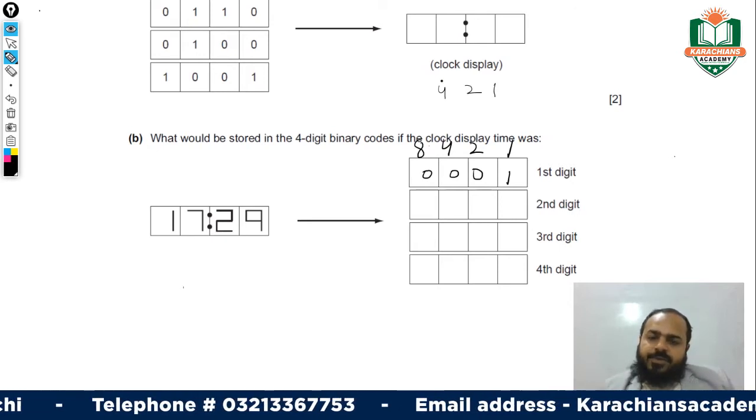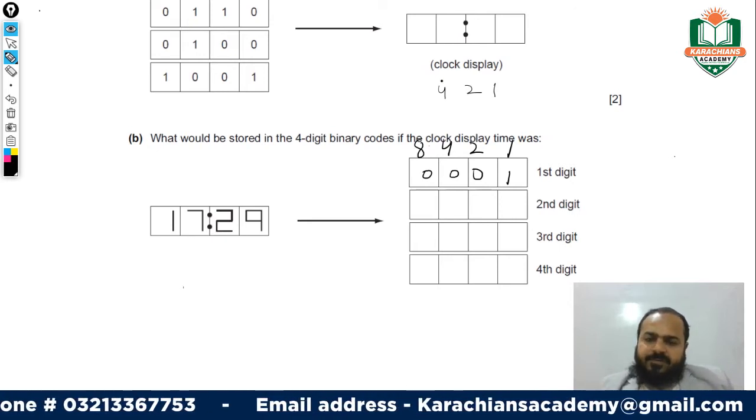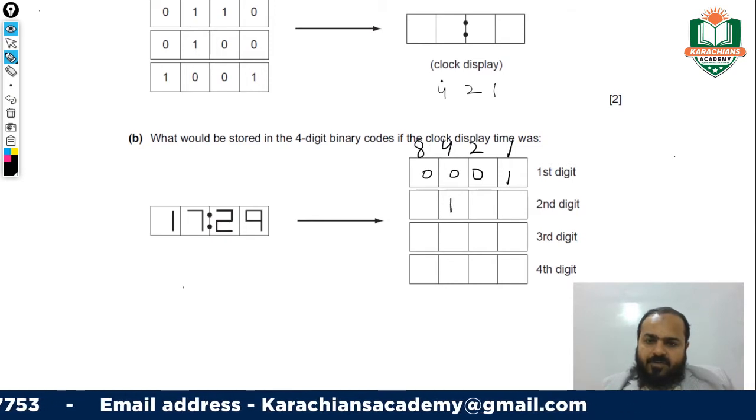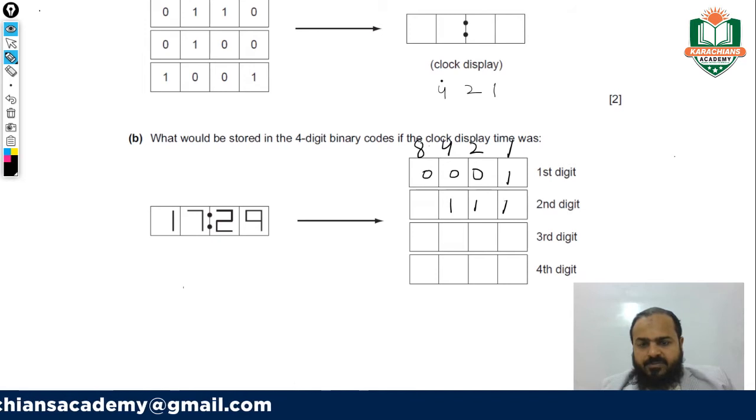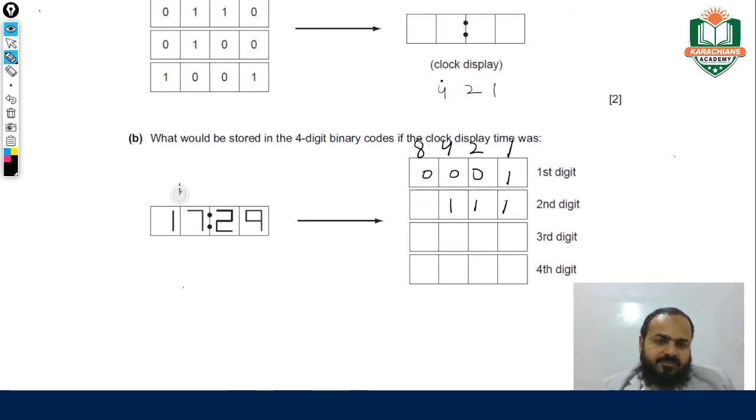Then we have 7 over here. So what will we do? We power on 1, 2, 4: 4 plus 2 is 6, and 6 plus 1 is 7. So this is complete. This is complete. And this one is also complete.